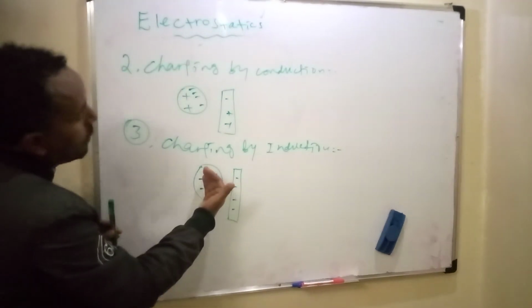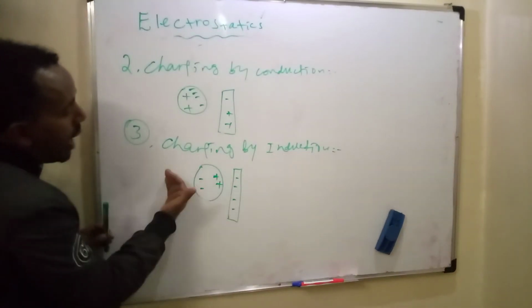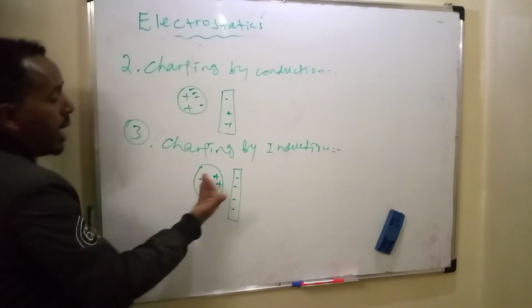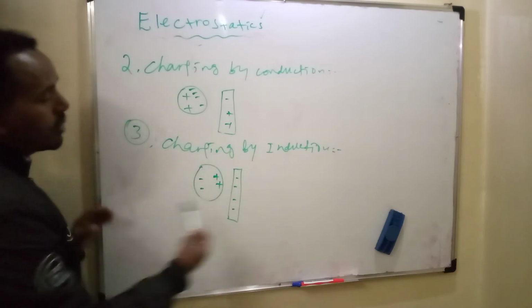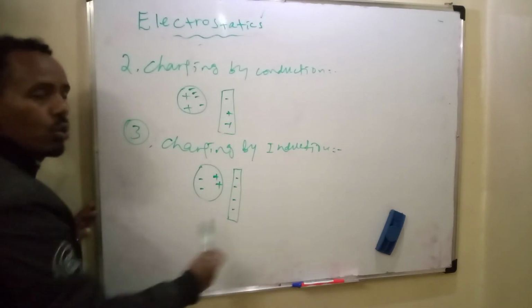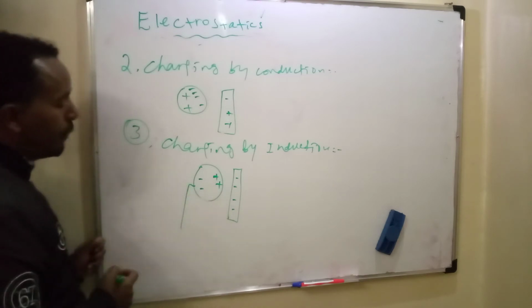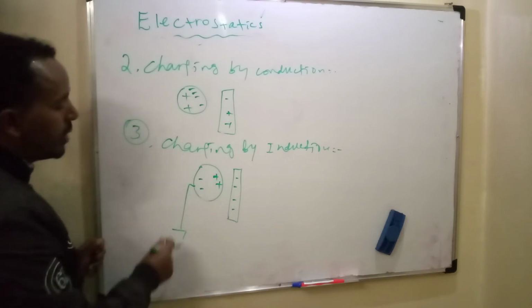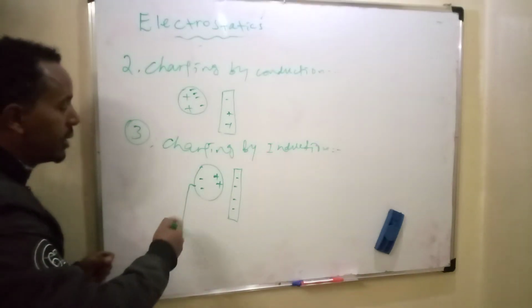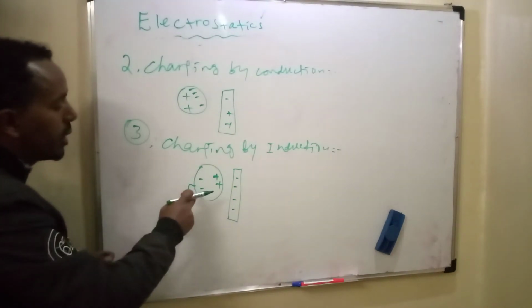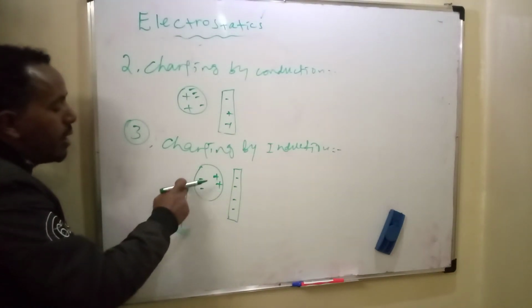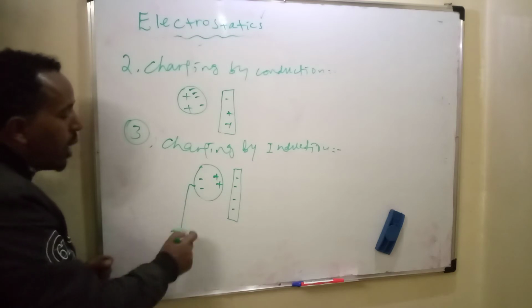The negatively charged particles, electrons, are found at the far side of the sphere because they are repelled by the rod. At this time, we connect a wire to the sphere. This is said to be grounding. Electrons flow through the wire towards the ground.